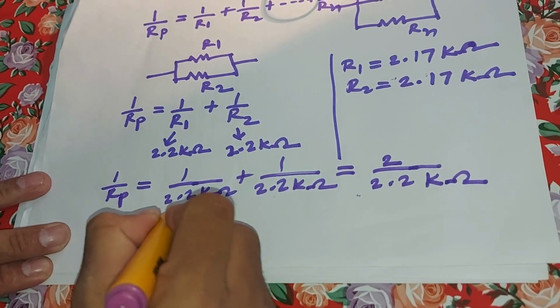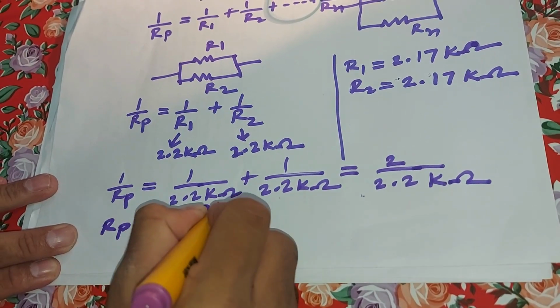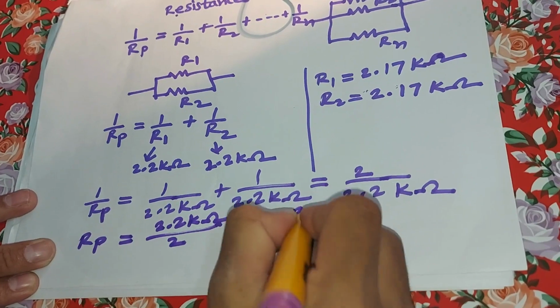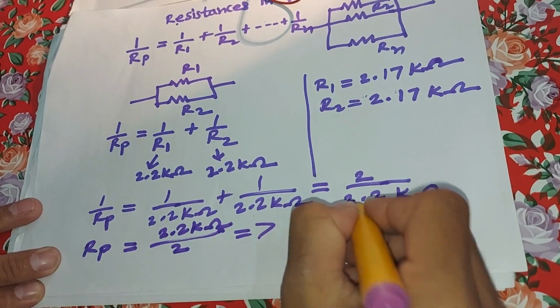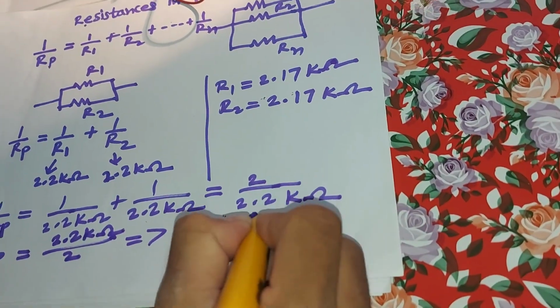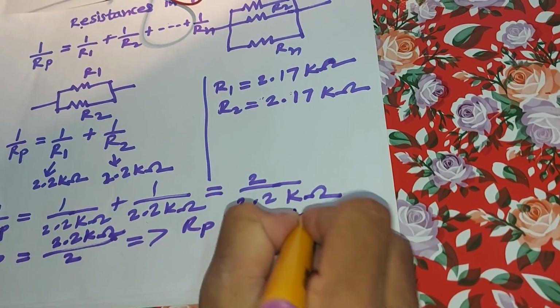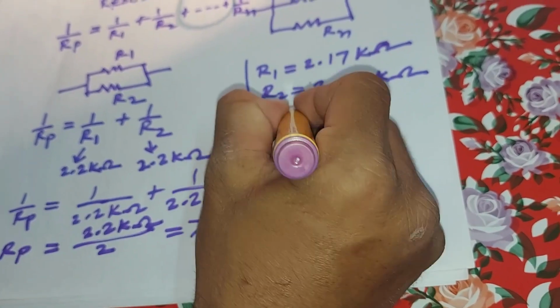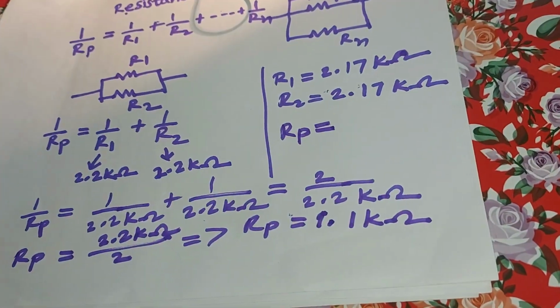So we get Rp is equal to 2.2 kilo ohm divided by 2. So this implies the value of Rp is 1.1 kilo ohm.